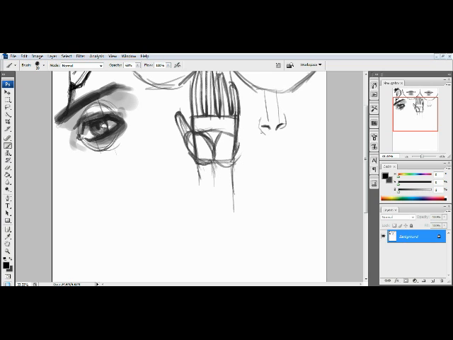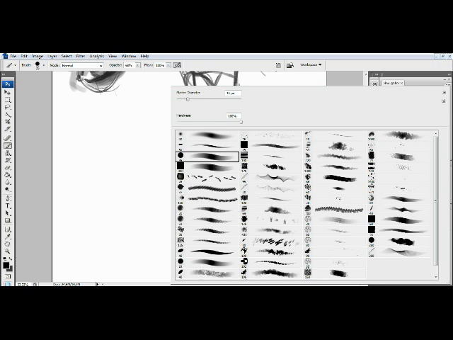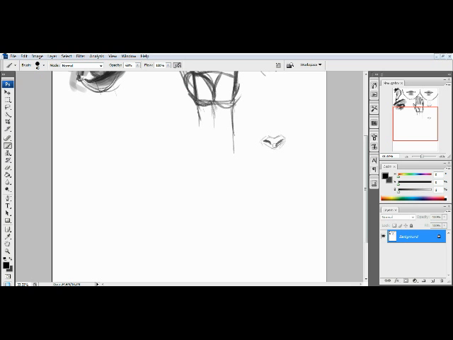Right? So, well, that's what I start off with when I'm doing a nose. It's like an M, then a triangle. And then I just shade the rest. Because noses poke out, which means that they are form.